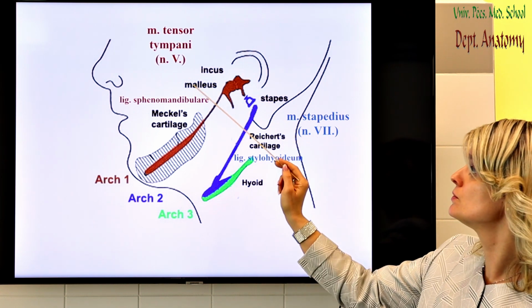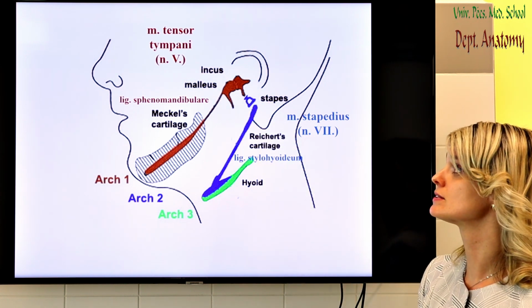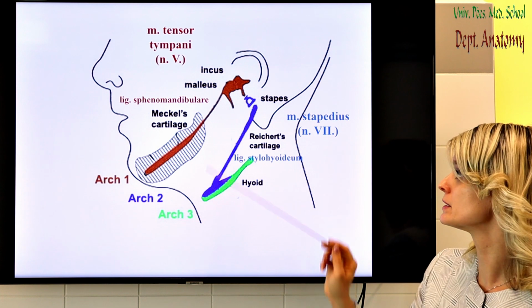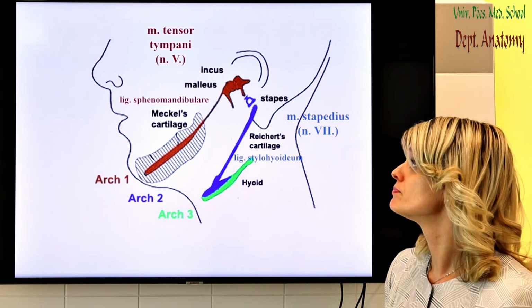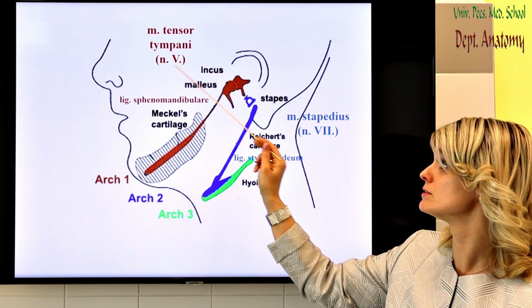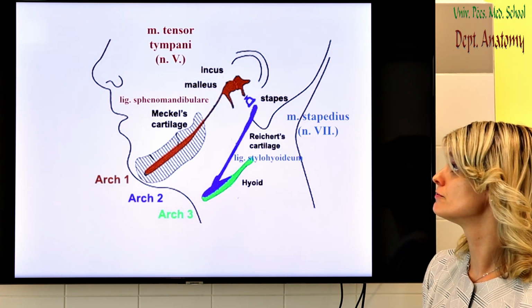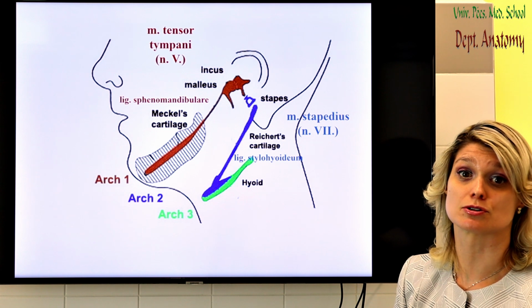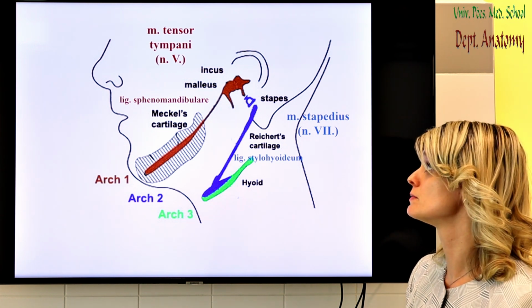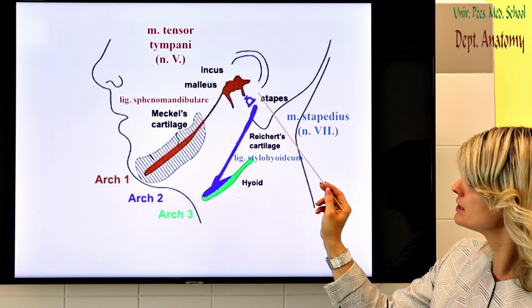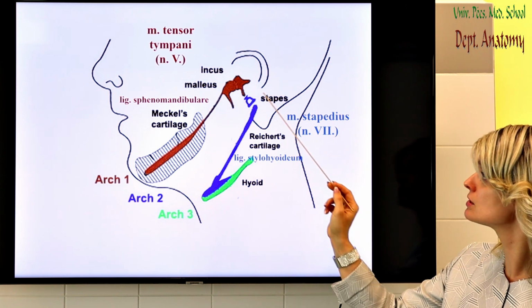And we know that the tensor tympani muscle, which will be attached to the malleus, is innervated by the trigeminal nerve, because we know very well that the nerve of the first pharyngeal arch is the trigeminal nerve. And after that you can see the second pharyngeal arch.